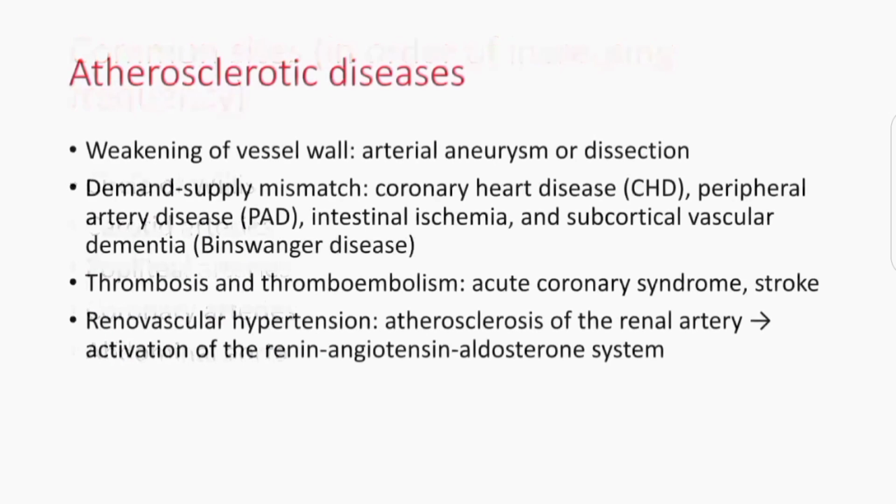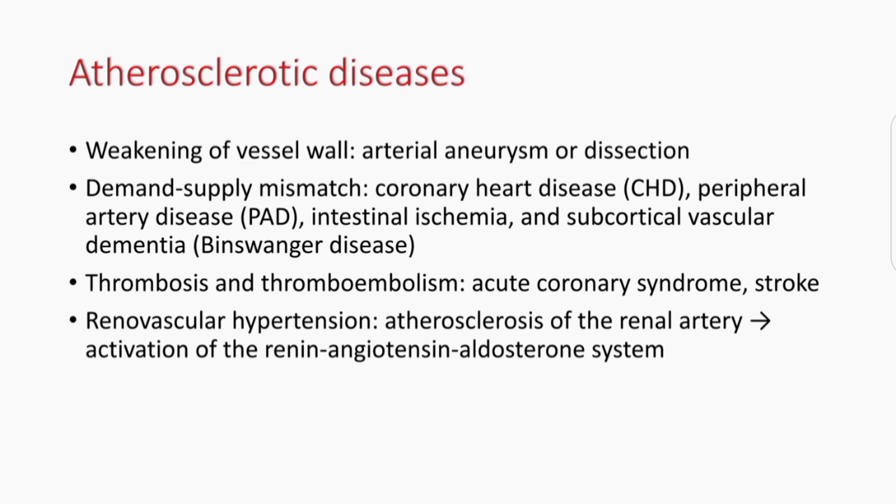So now we need to know what atherosclerotic diseases are. If you remember from the pathogenesis, there is weakening of the vessel wall, and this weakening can cause arterial aneurysm or dissection. And then also, due to this plaque formation, there can be something known as demand-supply mismatch.